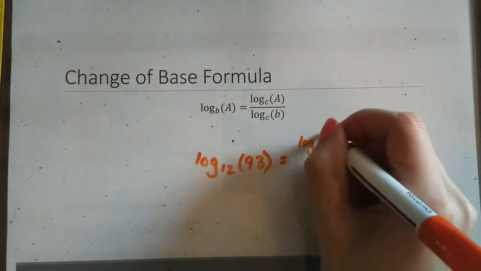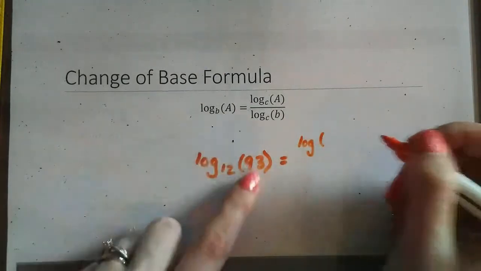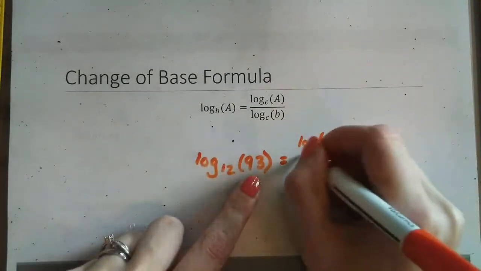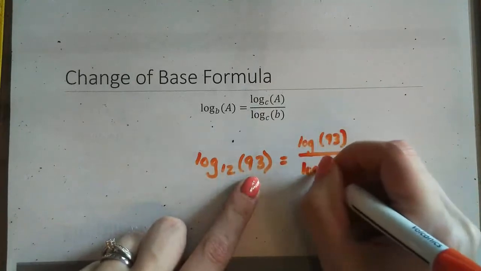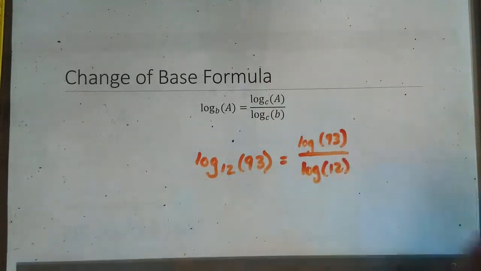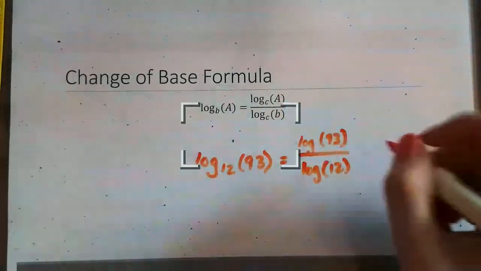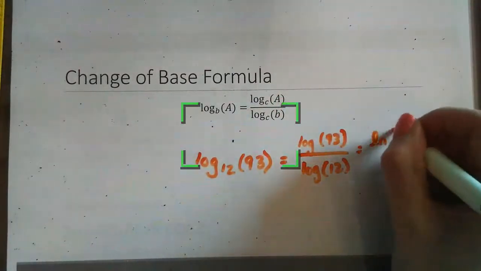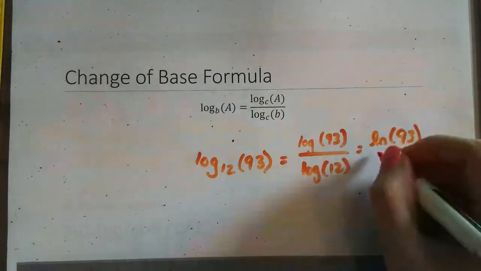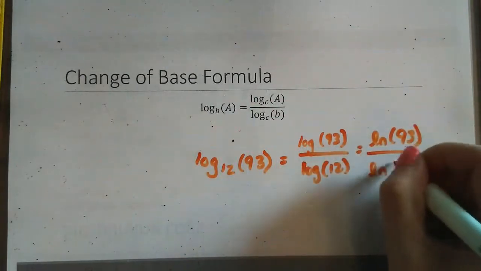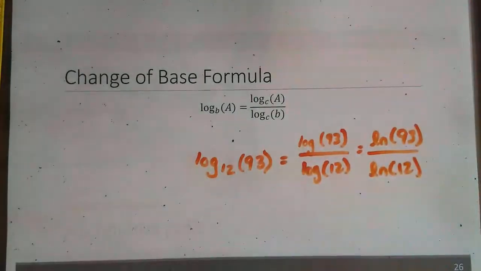That'll be equal to log of a, so that'd be 93, divided by the log of the base, which is 12. But like I said, it can be any logarithm as long as they're the same. So I could also use the natural log. So I could type this in as the natural log of 93 over the natural log of 12. Either way, you're going to get to the right place.